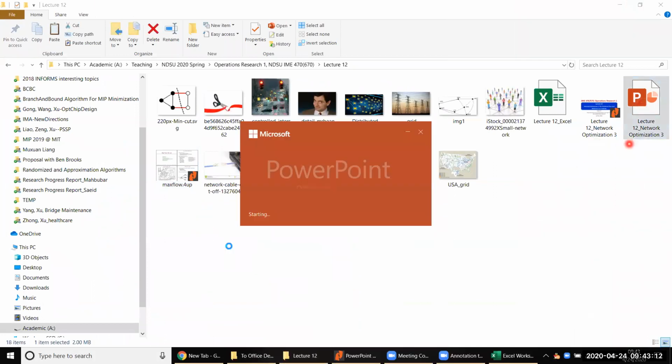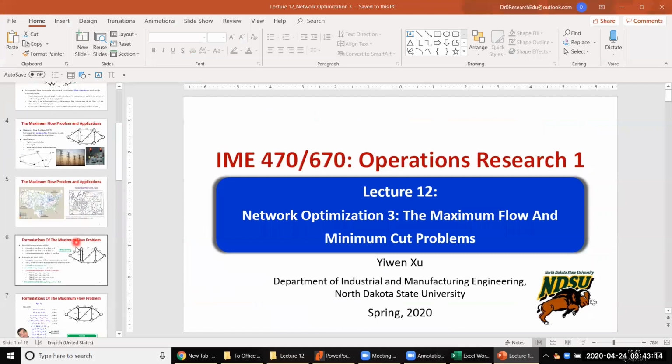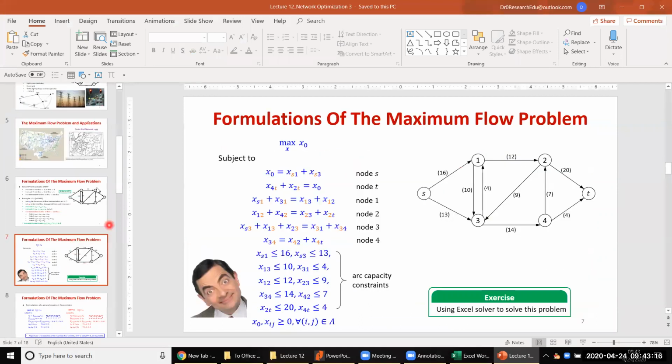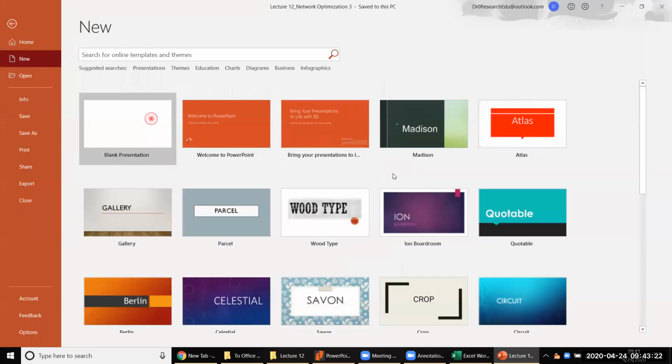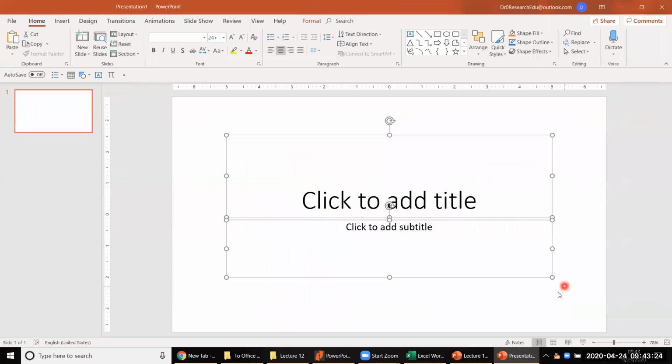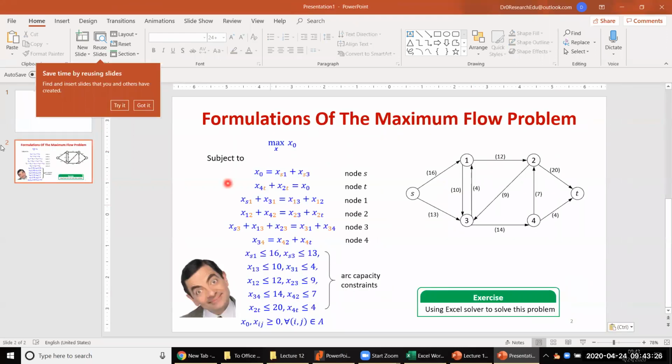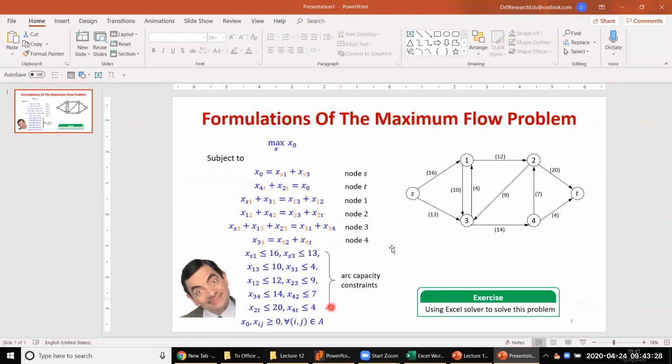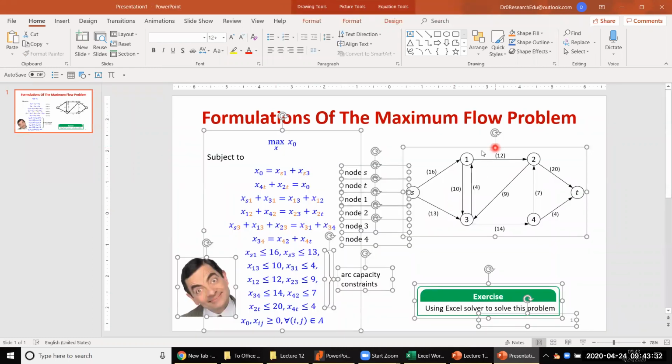Yes, I have a PowerPoint here. Let me do one thing to make my life easier. Create a new one. And then let me just delete everything else. I just need this graph. That's it.